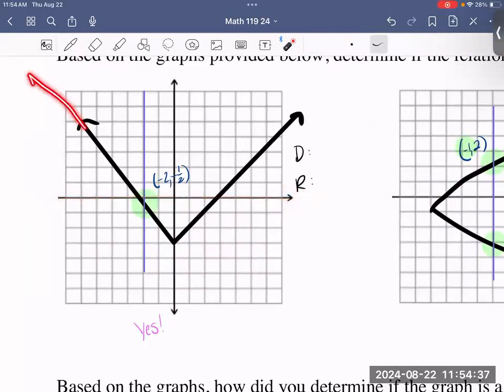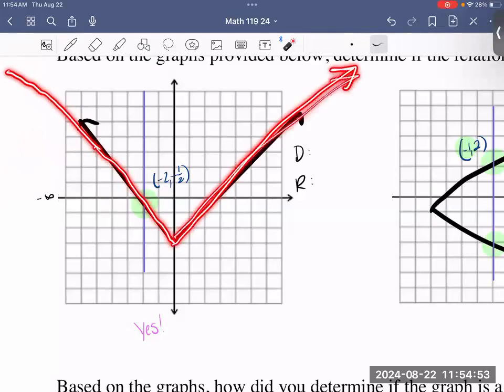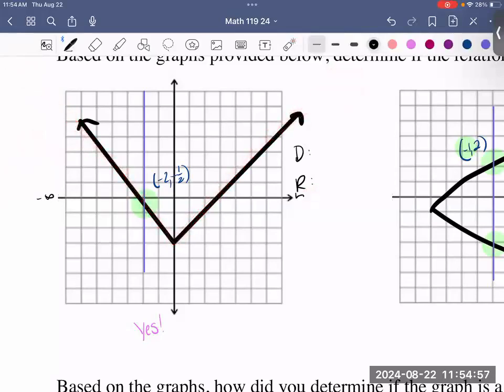No, your arrow is not only going up, but it's going out to negative infinity. So we start way out there in negative infinity. And as we're doing this little V symbol, we go back out towards what value? Towards positive infinity. So absolute value functions are going to be negative infinity to infinity, all real numbers for your domain.